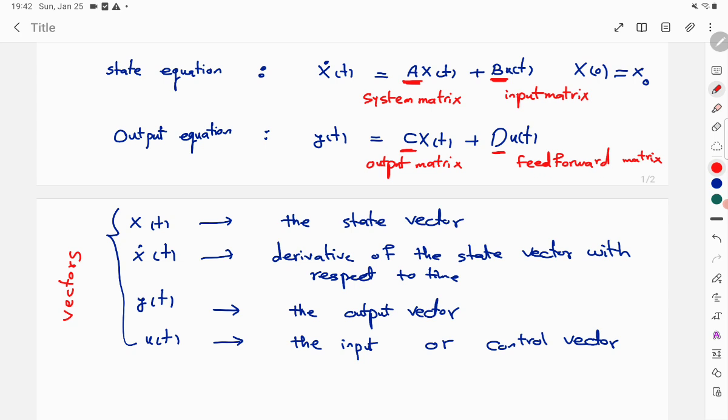These vectors and matrices each have a dimension, and these dimensions should match each other.